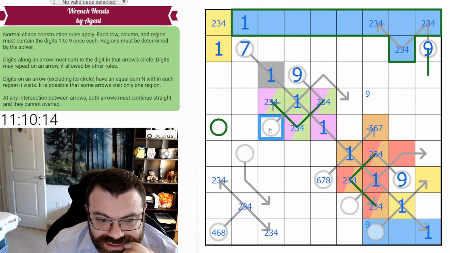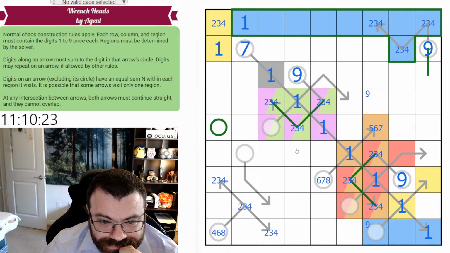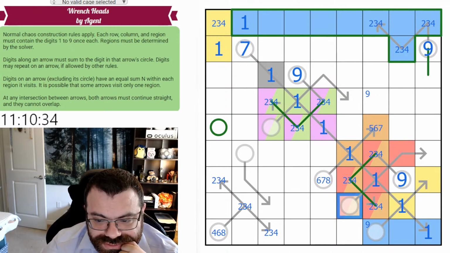And then this cell connects these two, so this is also green and purple. I think that means this is orange or red. Oh, yeah, that's true.